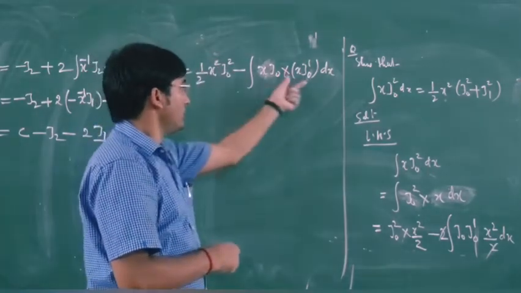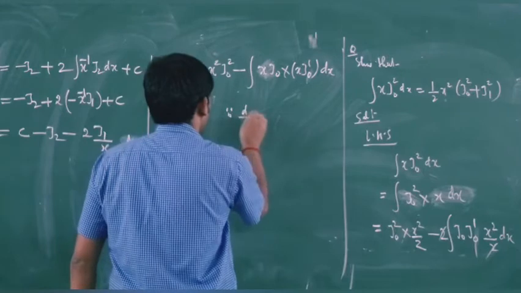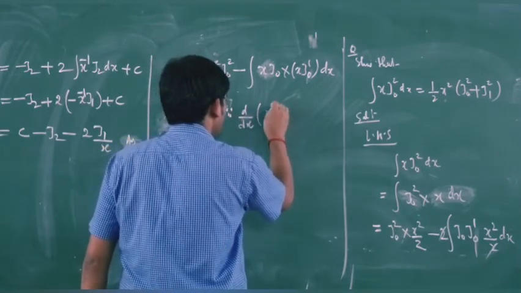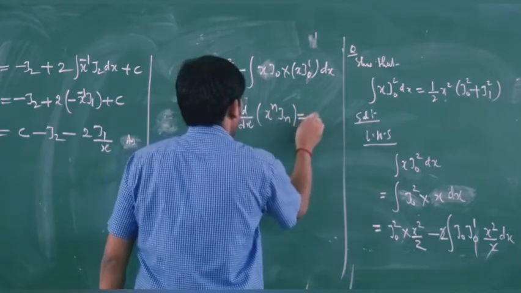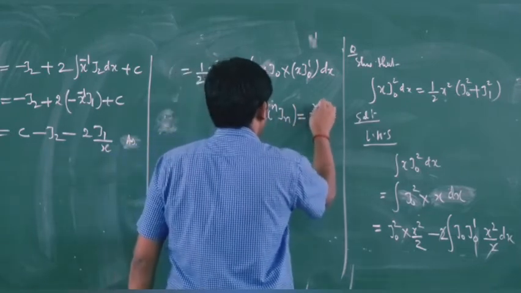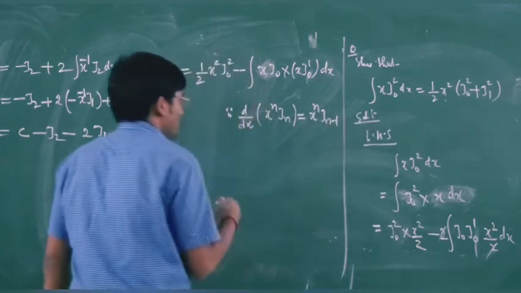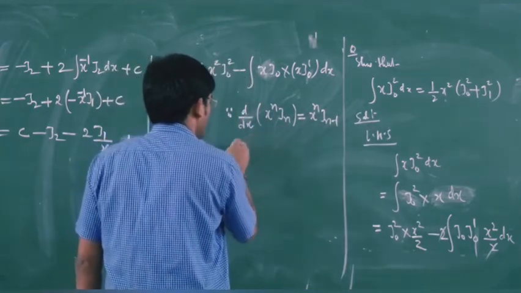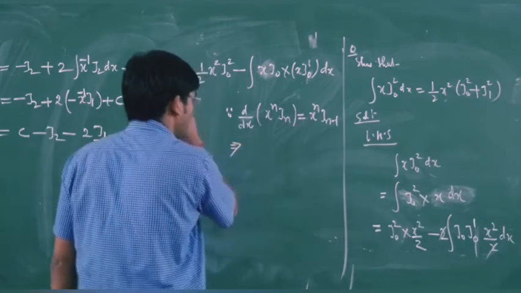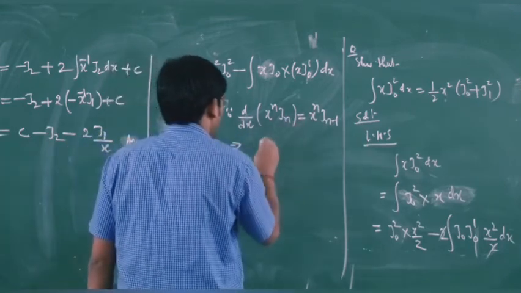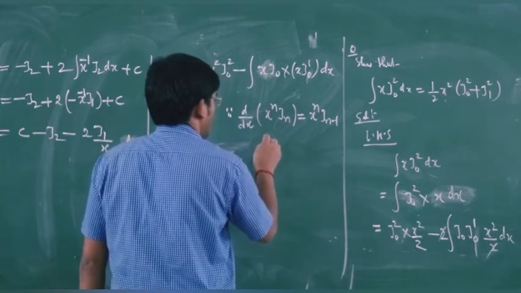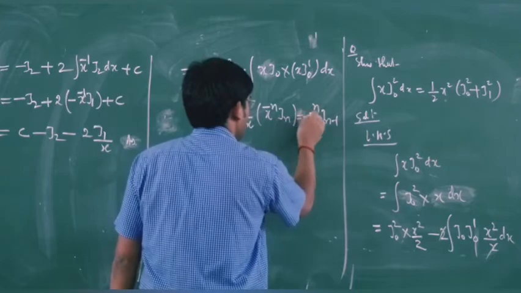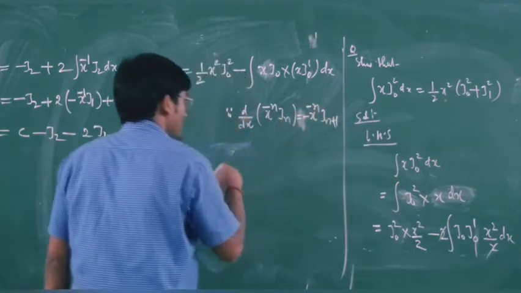Now because we know this relation, d by dx of x power minus n into jn equal to minus x power minus n into jn plus 1.